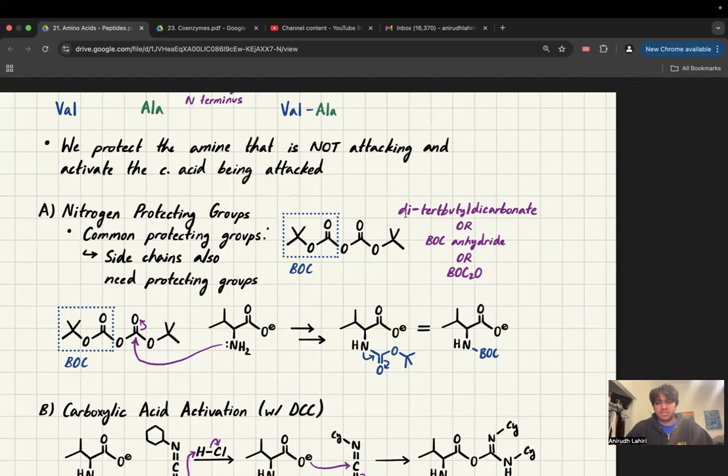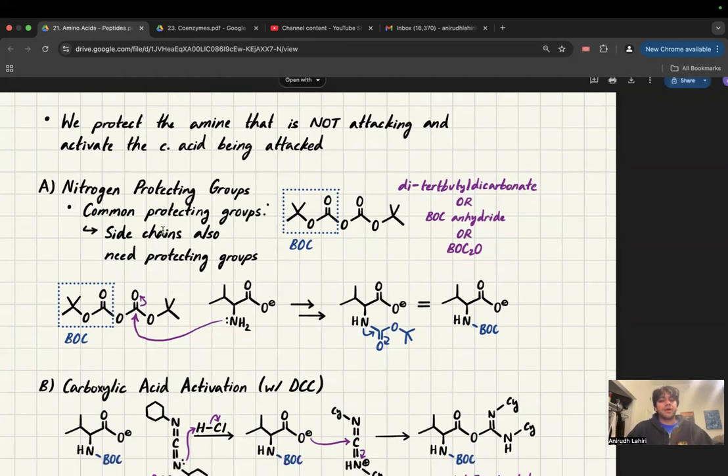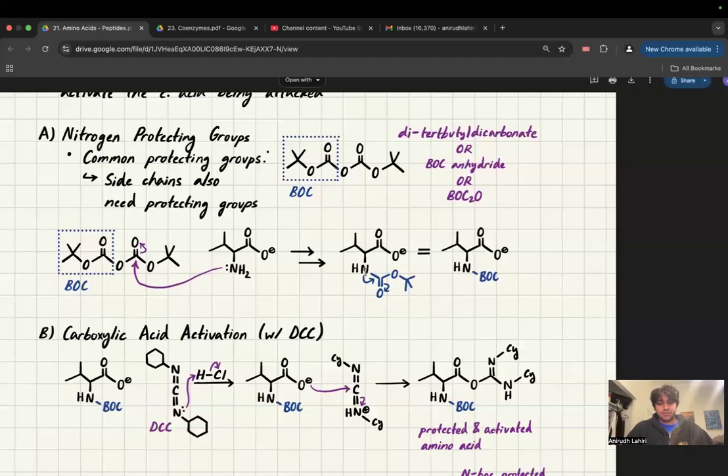I don't think you ever see di-tert-butyl dicarbonate written out, but if you're given the full name, it's a lot easier to reason through than just being given BOC. Anyway, these side chains are also in need of protecting groups, so we'll add a BOC here to protect this structure, and then we know exactly what to attack. And for this nitrogen, we can protect it here, BOC.